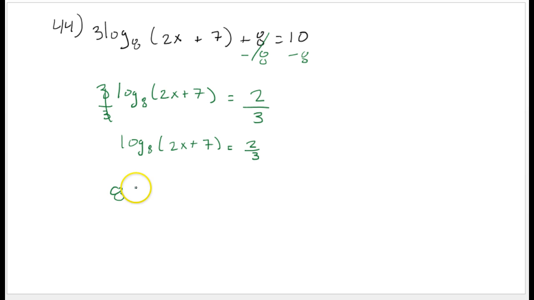So I get 8 to the log base 8 of 2x plus 7. What you do to one side, you have to do to the other side. So my term is 2/3. There we go. This goes away. I'm left with 2x plus 7 is equal to, well, if you want, at this point, we can go ahead again and use our calculator to simplify or estimate that value.